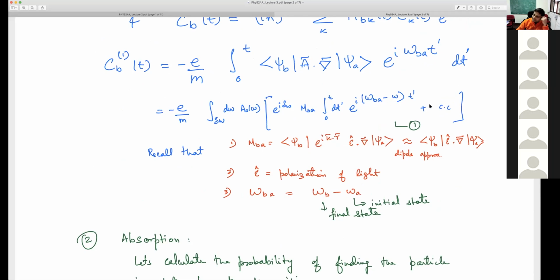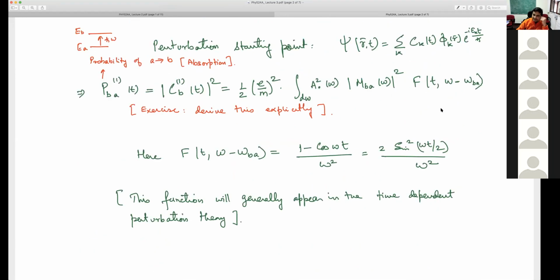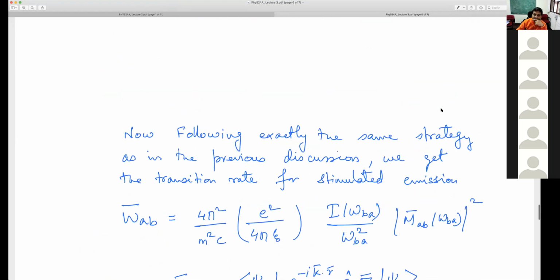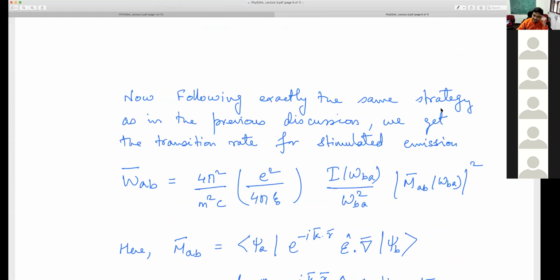And the second part I'll have... this is not really a complex conjugate, sorry, that's my mistake. In the second part we had sort of a complex conjugate, but here we had a plus sign: omega AB plus omega. We will use that part of the solution to write, similarly, the transition probability.